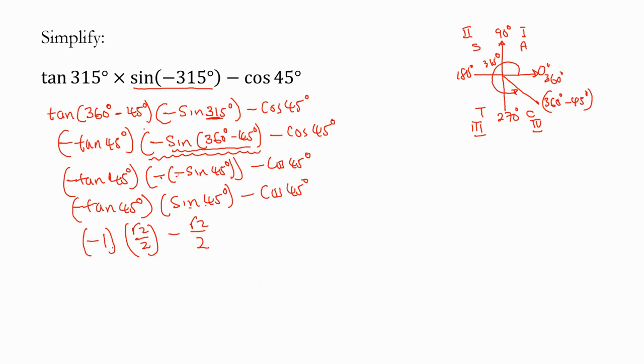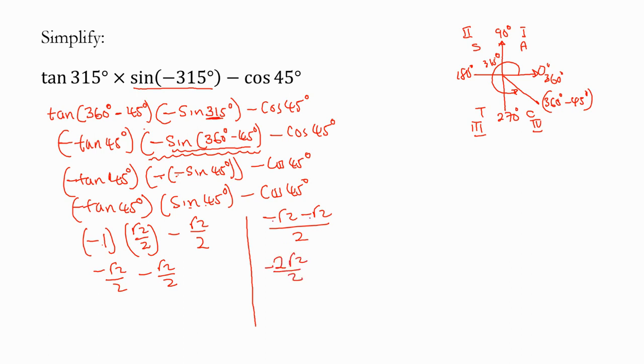Okay, now negative 1 times root 2 over 2 is negative root 2 over 2 minus root 2 over 2. And then the denominators are the same, so we can add or subtract the numerators. So it's going to be negative root 2 minus root 2 over 2. See that? And then it becomes negative 2 root 2 over 2.